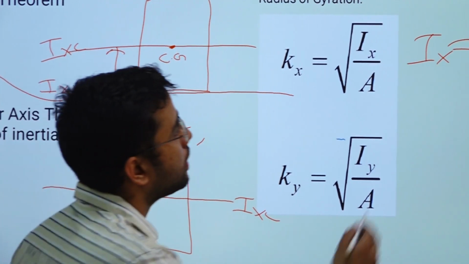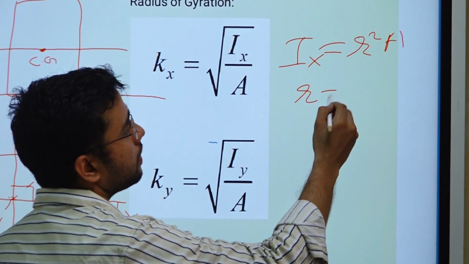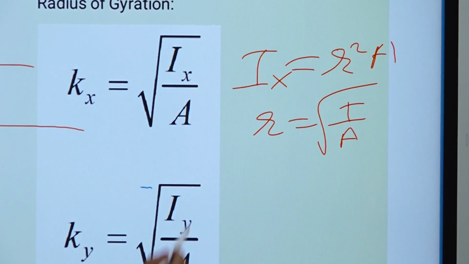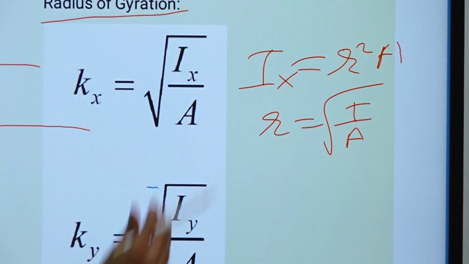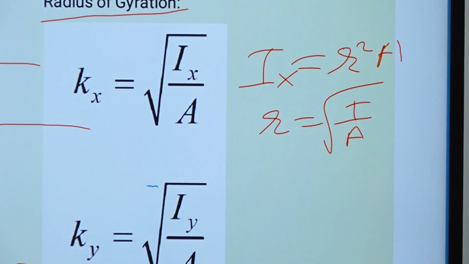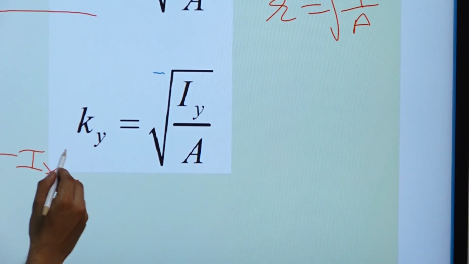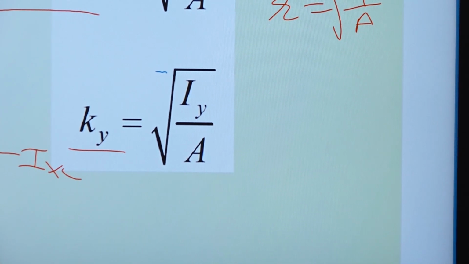So r square A, so this r will be the square root of I by A, and this r will be called kx, that is the radius of gyration of that particular object. So this is the radius of gyration in the x direction, and the radius of gyration for the y direction will be ky equal to the square root of Iy by A.